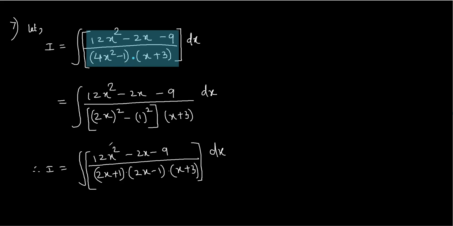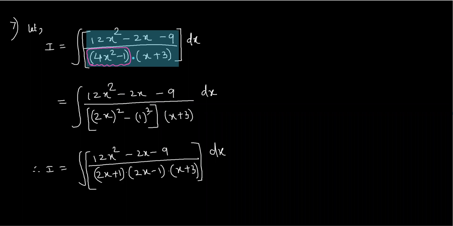So 4x square minus 1, I write (2x) the whole square minus 1 square. See, this 4x square minus 1 appears to be a quadratic factor. But remember, though it is a quadratic factor, it can be further factorized and it will become linear distinct factors.